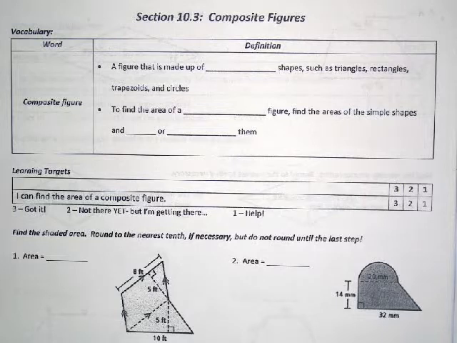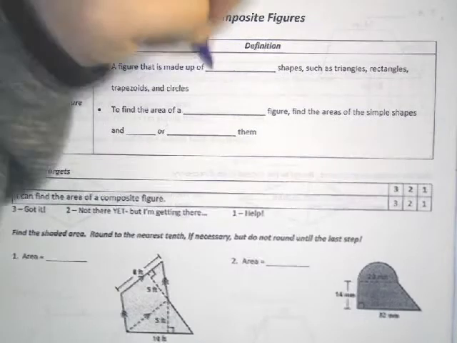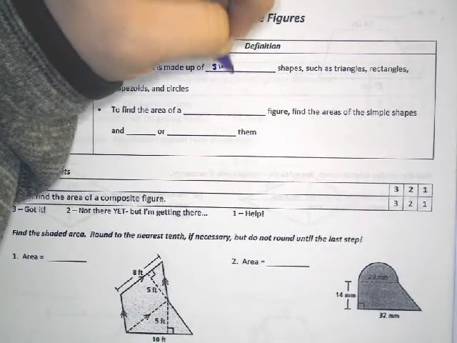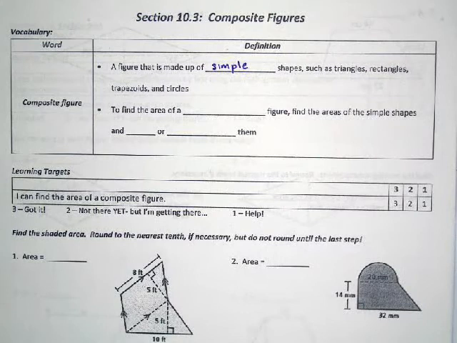We're building up from very basic shapes now, and we're moving on to what we call composite figures, okay? So a composite figure, we say, is a figure that is made up of simple shapes, such as triangles, rectangles, trapezoids, etc. What else? Rhombuses, parallelograms, anything that we've done in the last two videos, I would consider a simple shape, all right?